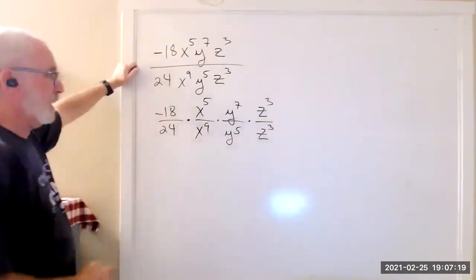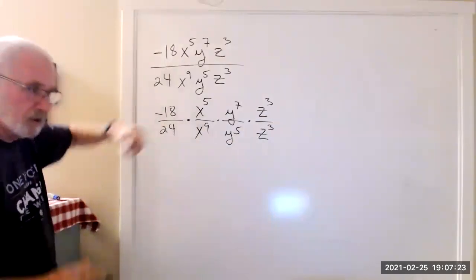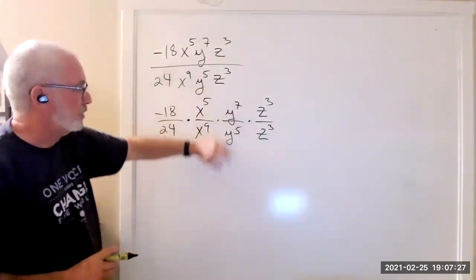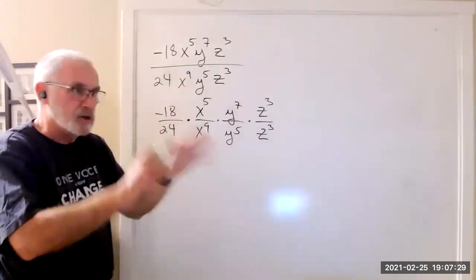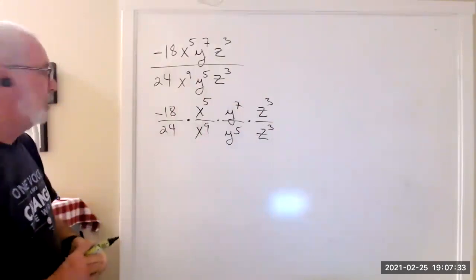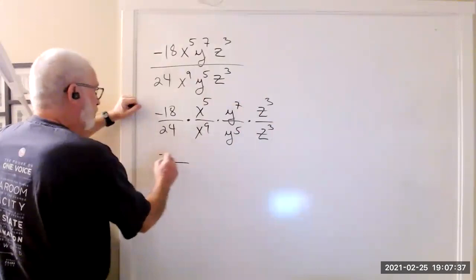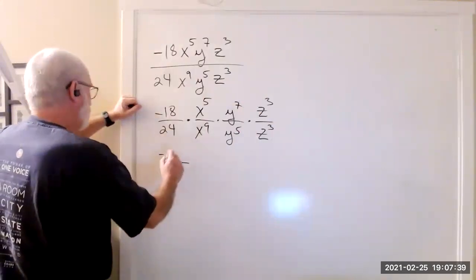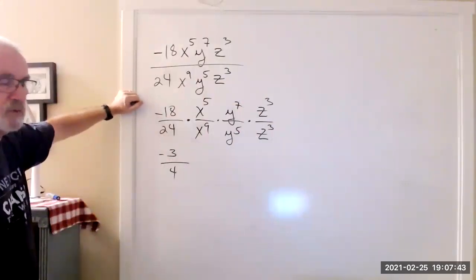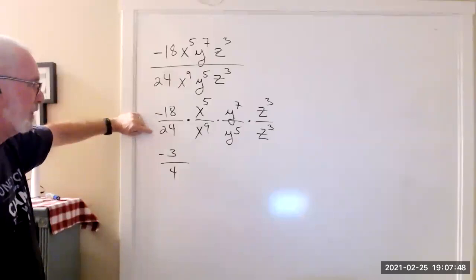So mentally, you should be dividing this problem up: numbers with numbers, x's with x's, y's with y's, z's with z's, and deal with each one as a separate little baby problem. Well, 18 over 24 eventually reduces to -3 over 4. Divide by 6. 6 goes into 18, 6 goes into 24.